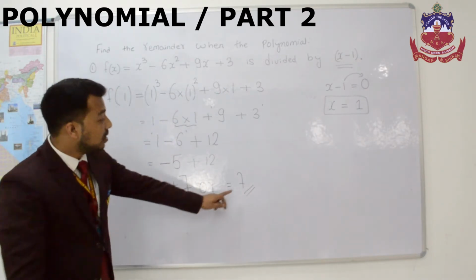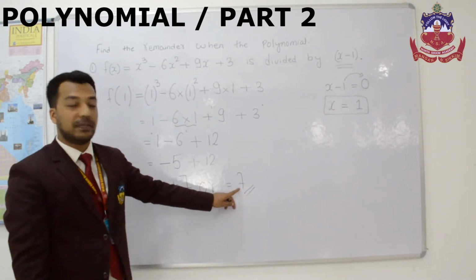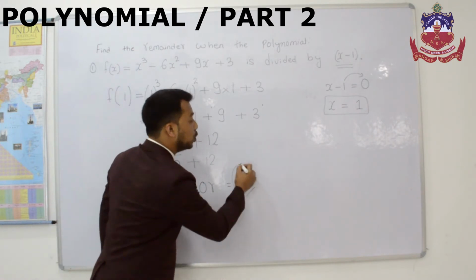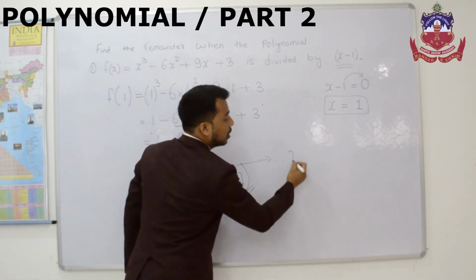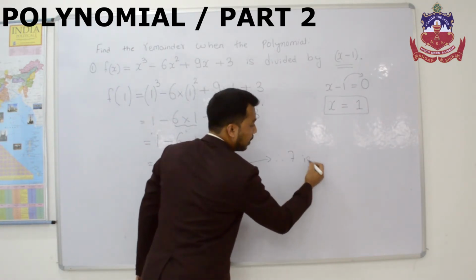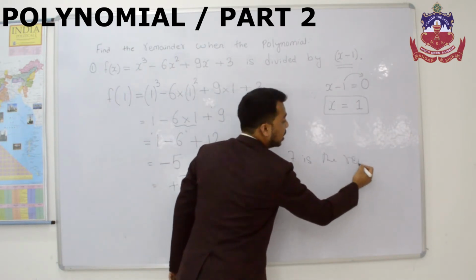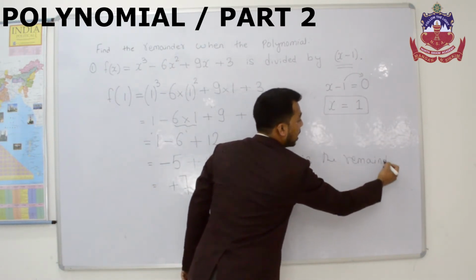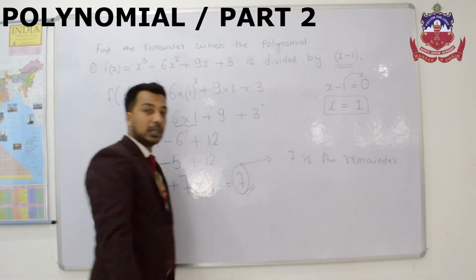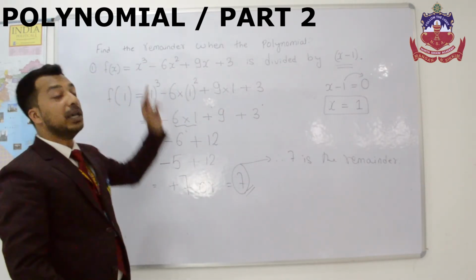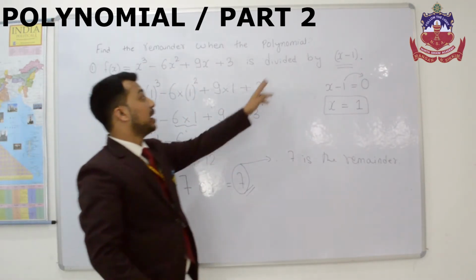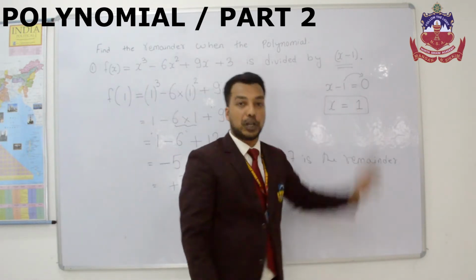So the last answer that we have obtained is 7. This 7 is known as the remainder. So this is how we can find the remainder of any given polynomial which is to be divided by a smaller expression.